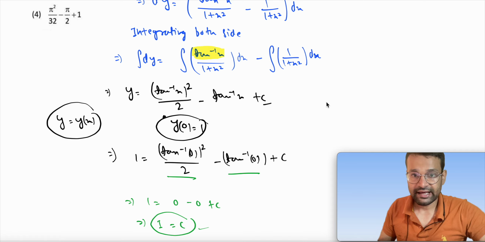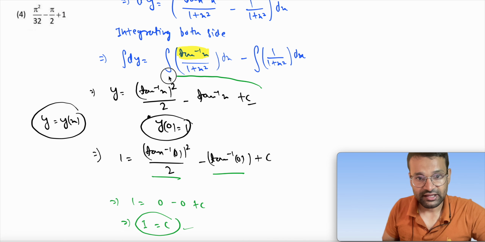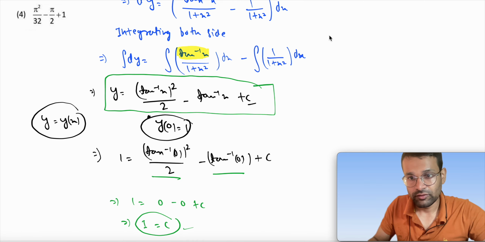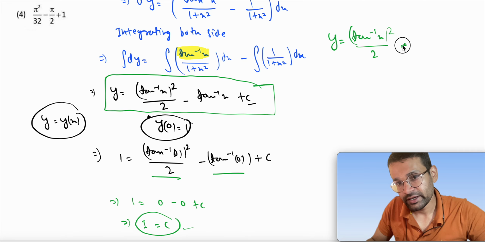Now you can put this value of c here. So y equal to (tan inverse x) whole square by 2 minus tan inverse x plus 1.